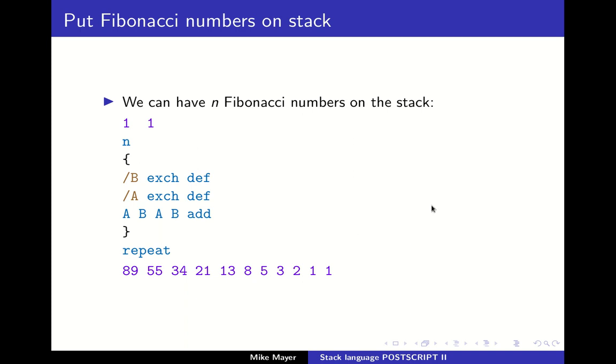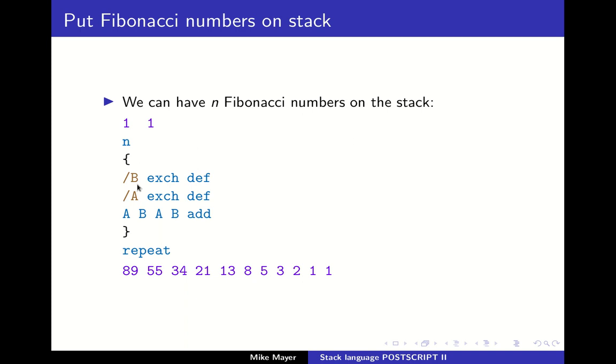And of course, we can do this in terms of a PostScript program on the stack. So we have the first 2 Fibonacci numbers in the beginning on the stack, and then we have a loop over n iterations when we want the nth Fibonacci number. And then inside the loop we define a variable b with these instructions. This variable b is then the last item on the stack.